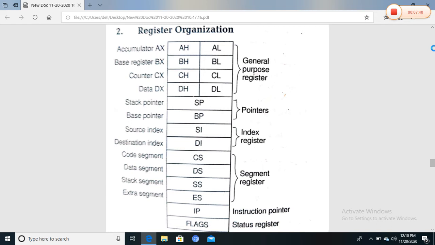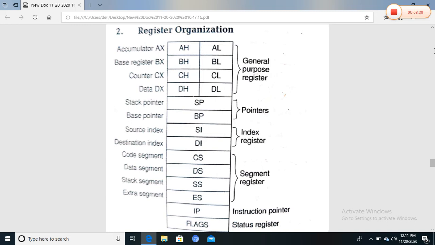The address associated with any instruction or data is called the effective address or offset. For every memory there is a 20-bit starting address, but the address associated with any instruction or data is called a 16-bit effective address or displacement. That offset value, the offset of source data and offset of destination data, is stored in SI and DI.